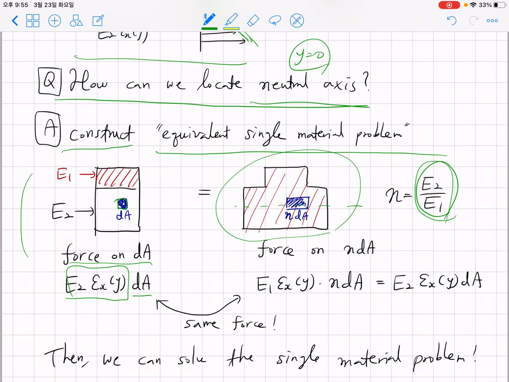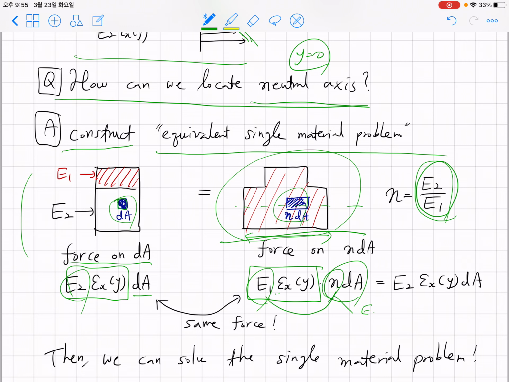If we define E2 over E1 as the ratio n, then for this single material problem, the stress is E1 times epsilon x. Because E1 is smaller than E2, we're going to have a smaller stress. But if we extend and widen the width of the section, so that the original dA area becomes n dA, then if we multiply by n, which is E2 over E1, you can see it becomes identical to the original problem.